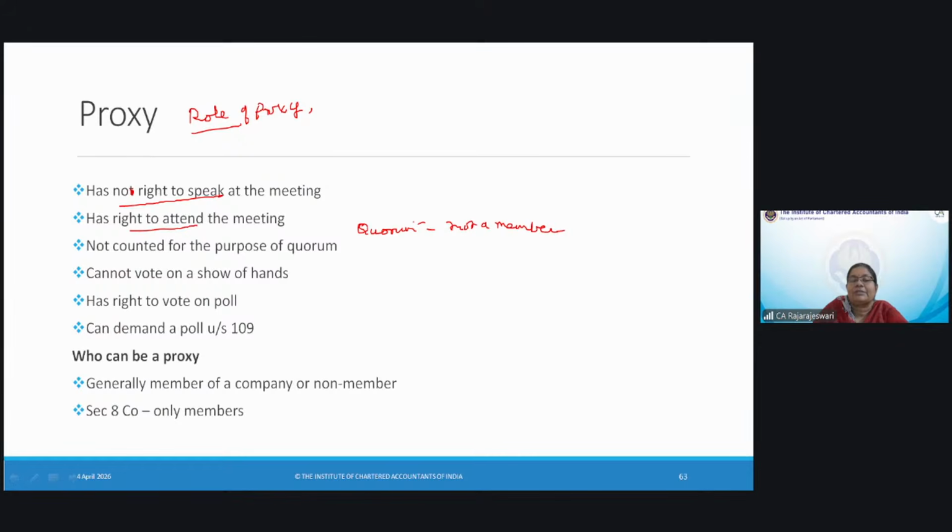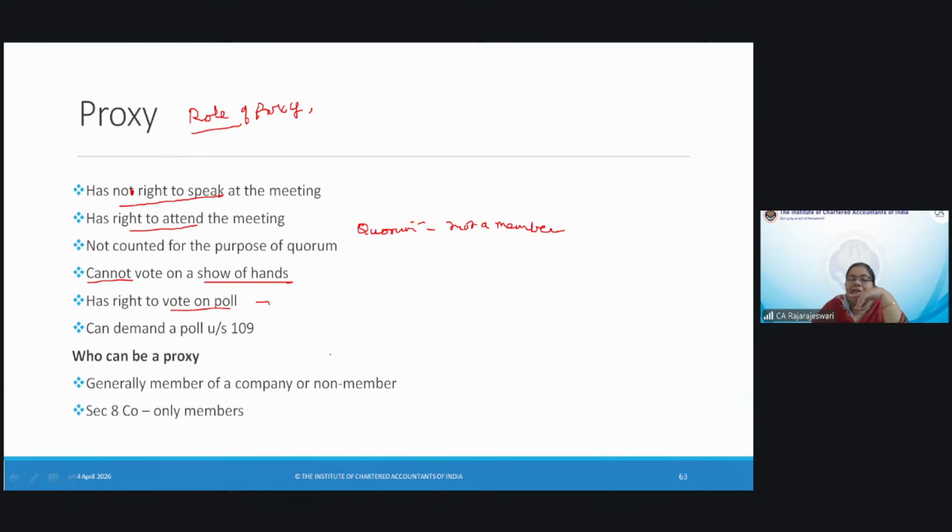So for quorum purposes, he will not be counted. And he can only vote on a poll. He cannot vote on a show of hands. He cannot raise his hand and say that yes, he is voting in favor. And he cannot speak. But he can vote on a poll, and his voting will be counted.